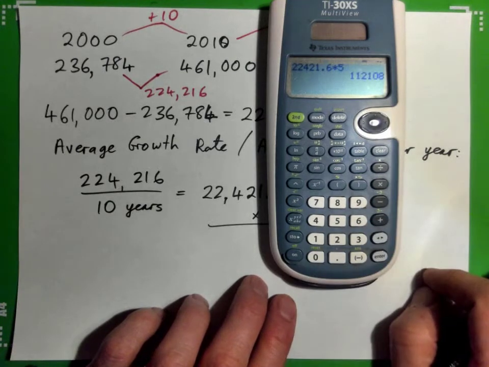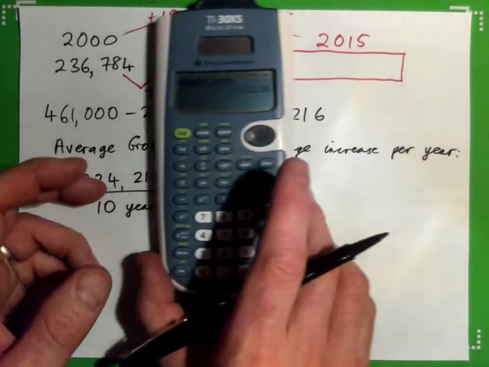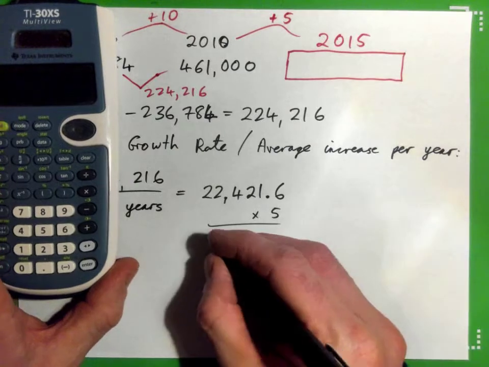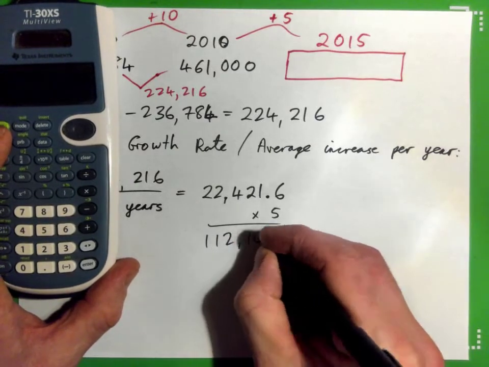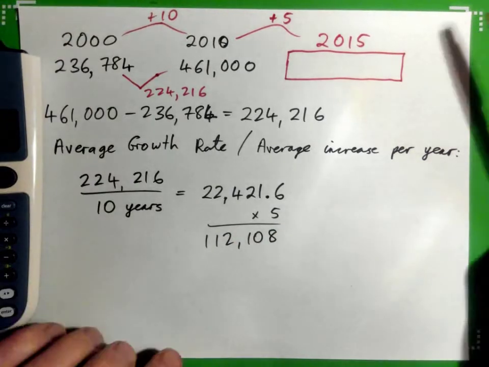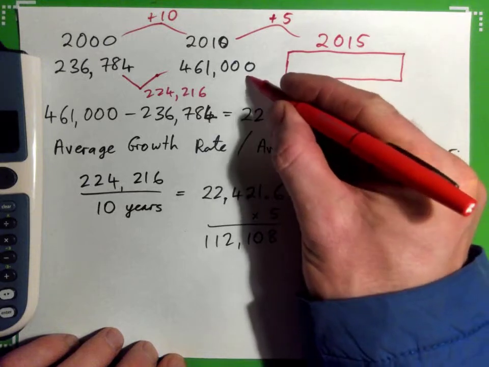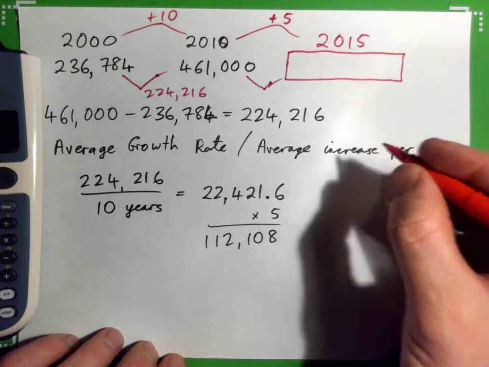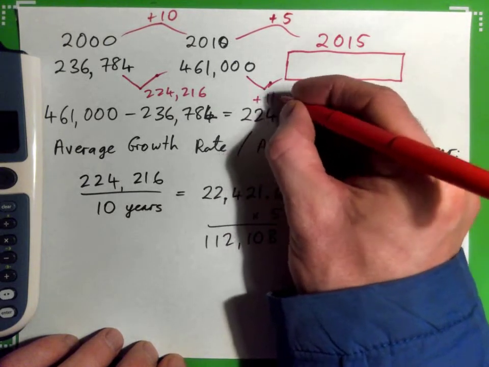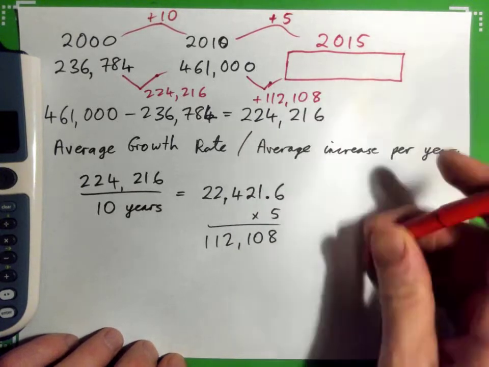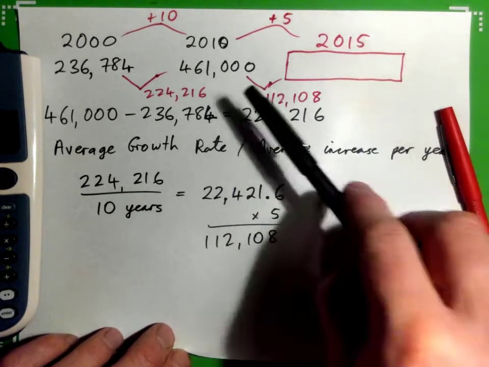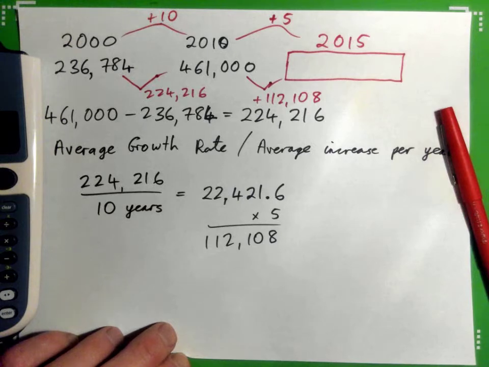That's what I should have done. 112,108. So we think it's going to increase by 112,108.